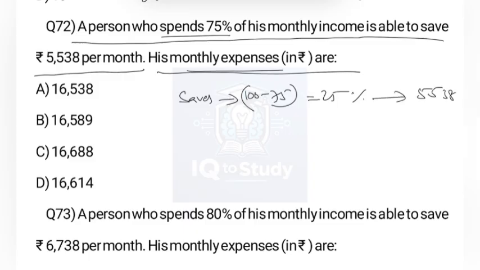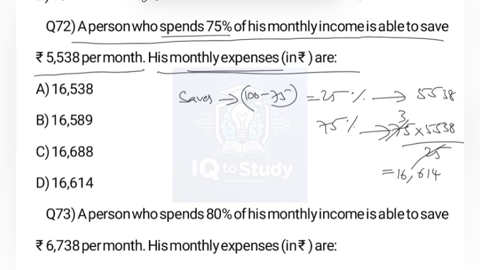We have to find his monthly expenses, which is 75%. So 75% is equal to 75 into 5,538 divided by 25. That is equal to 16,614.